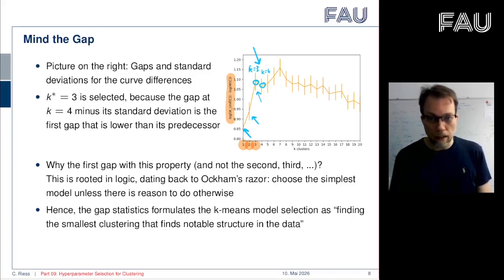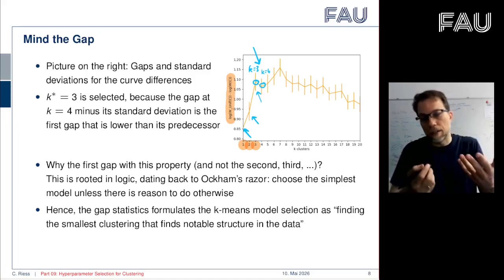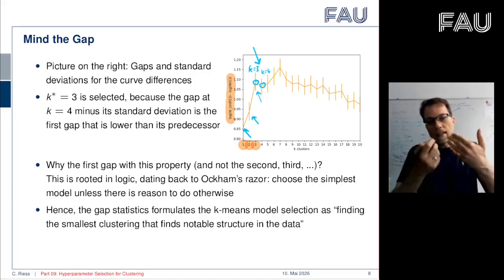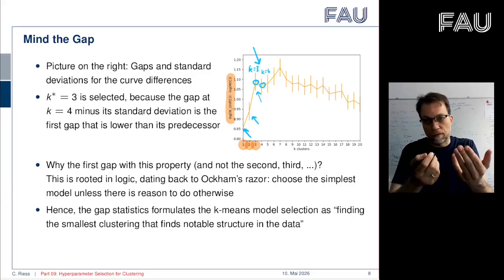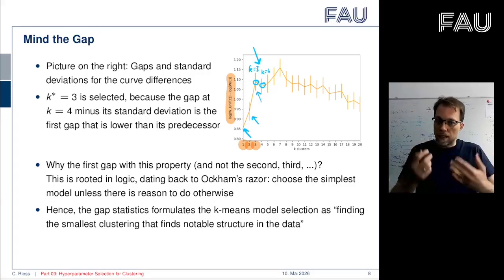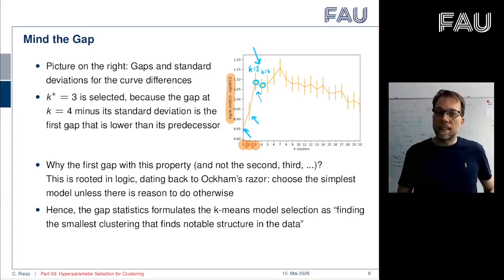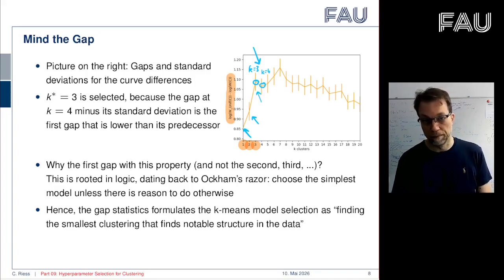And it turns out that for k equals 4, we have diminishing returns, you could say. Adding this additional cluster, k equals 4, doesn't bring us more gains in this gap. So therefore we say, okay, let's stick to k equals 3, and this is going to be our solution.